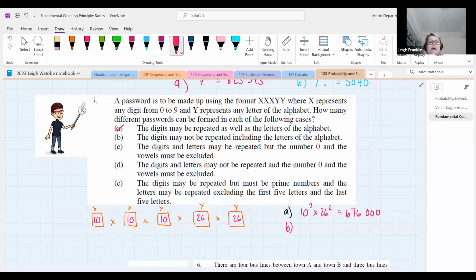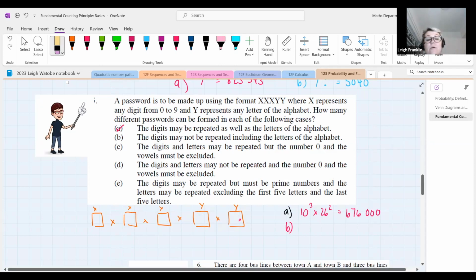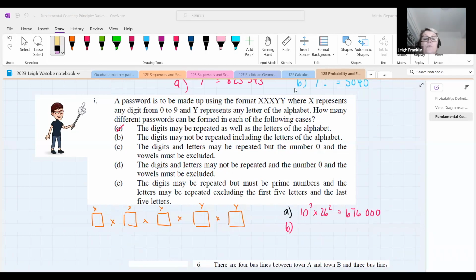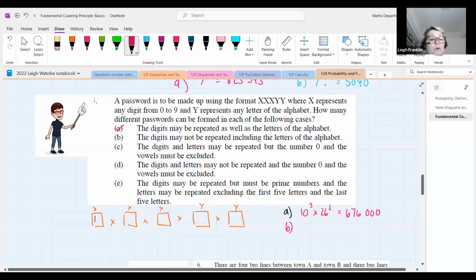Now they tell us in part B that the digits and the letters may not be repeated. So in how many ways can I fill the first block where the X would go? In 10 ways. Cool. In how many ways can I fill the second block where a digit can go?